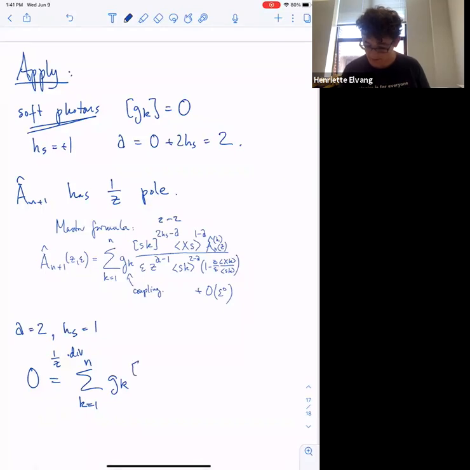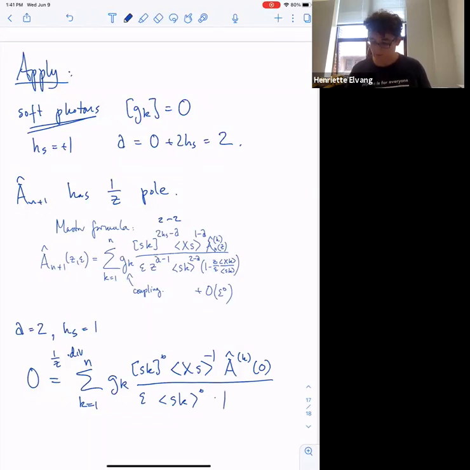So there's no square bracket; S K goes to the 0 power. I have an X_S angle bracket to the minus first, but that's independent of K, so that will go outside. I have this evaluated at 0 because I'm taking the residue at C equal to 0. And the epsilon I'm just going to factor out. And then I have S K angle to the 0 power, and since I'm looking at the residue at C equals 0, I get times 1.